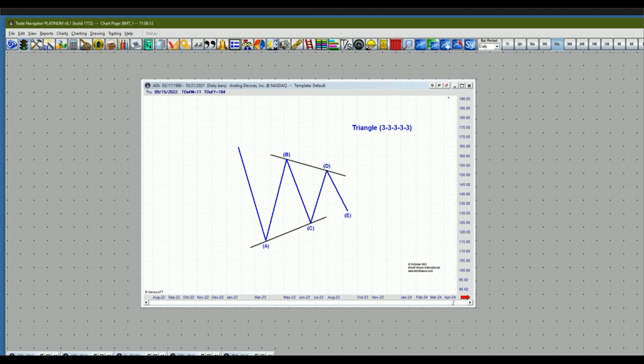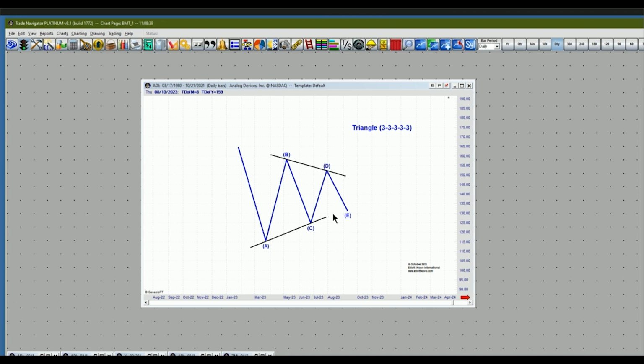So when I'm talking about you, I'm throwing myself in the same pot. What I mean by that is sometimes I get in a hurry. One of the biggest problems when identifying a triangle is that by the time you identify it, it's around, say, maybe wave C, or possibly in wave D. And then you're really in a hurry for the pattern to complete. You get in a rush.